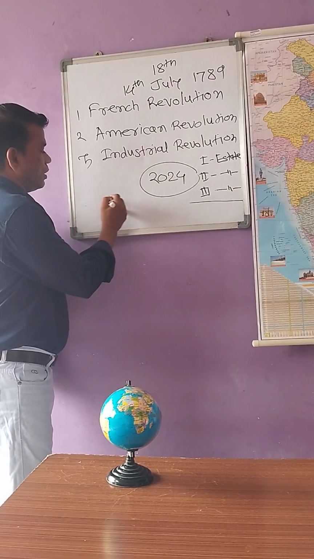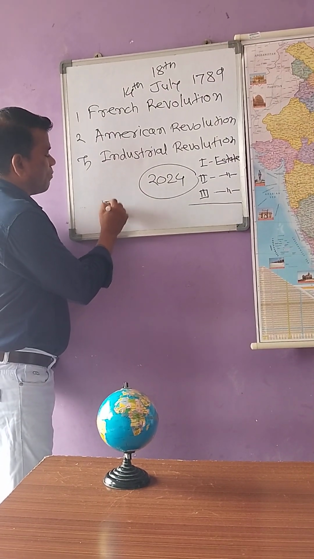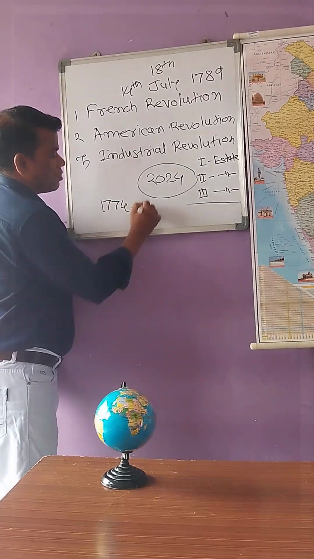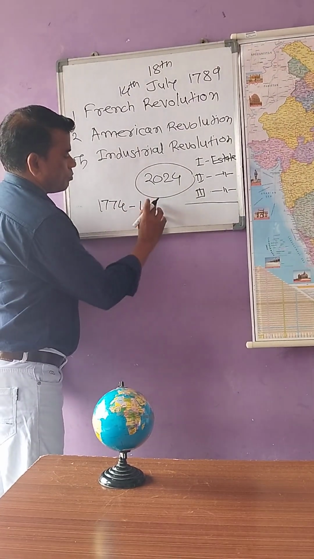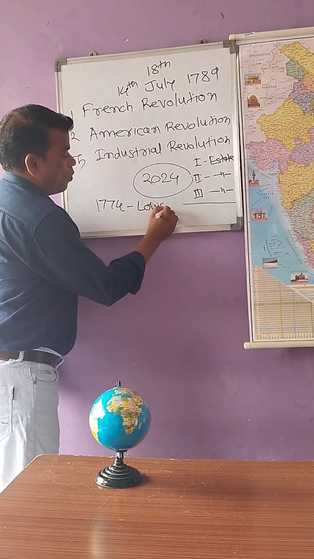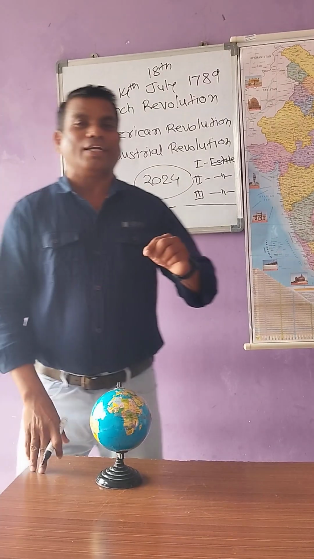In 1774 in France, the Bourbon dynasty ruled, and Louis became the king of France, and he was completely dominated by his wife Marie Antoinette.